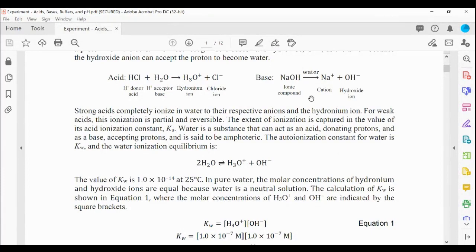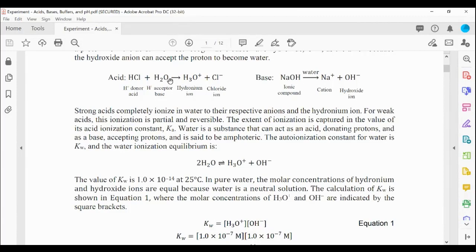That is another concept that we have to learn. Strong acids dissociate completely in water. What does that mean? Hydrochloric acid: all the H from the hydrochloric acid in the presence of water will separate.